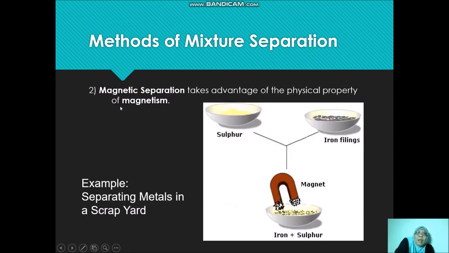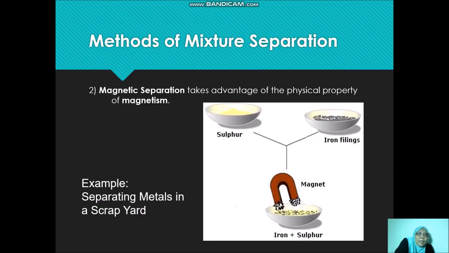The other is magnetic separation. Magnetic separation takes advantage of the physical property of magnetism. For example, you have a mixture of iron and sulfur, and you have to separate one from the other. What do you have to do? You can use a magnet.